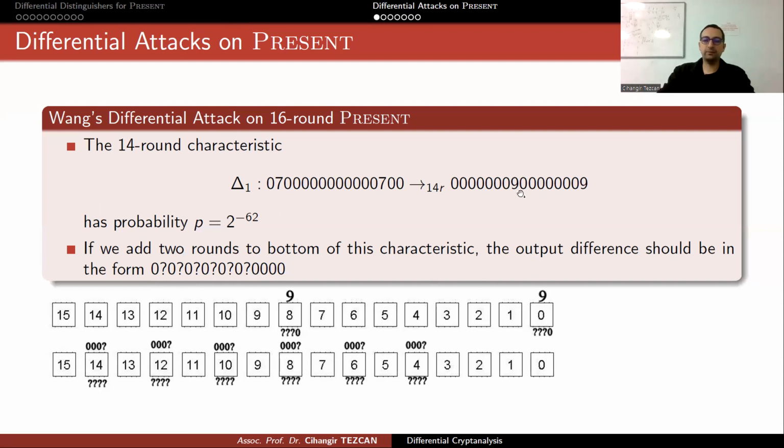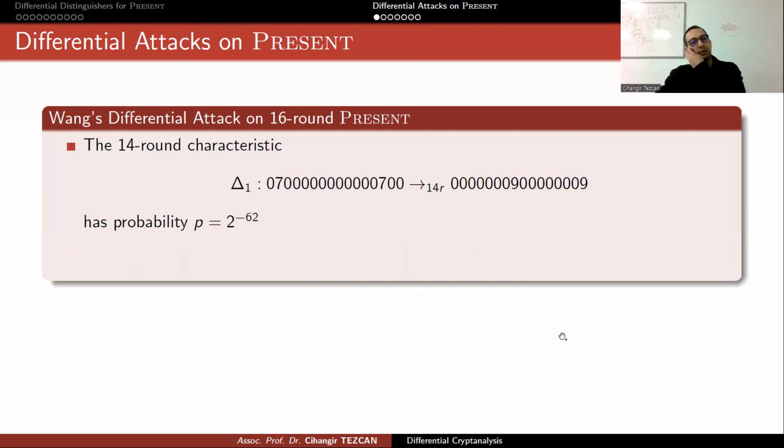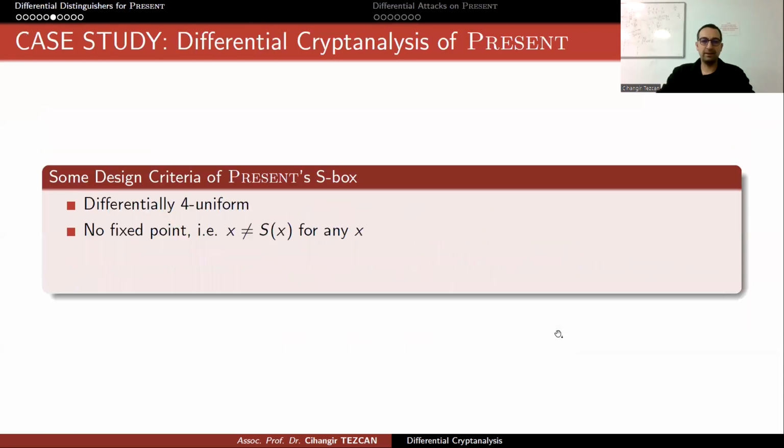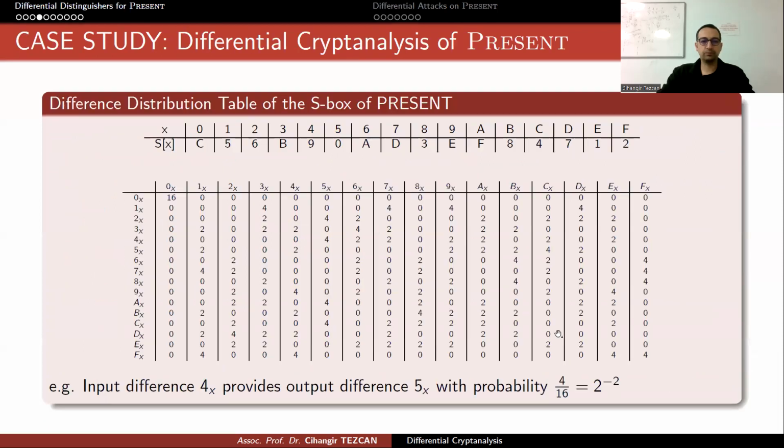So at the end, after 14 rounds, we say that the output differences on these S boxes are 9. Recall that these are not inputs, they are differences. By looking at the DDT table, we observe that if the input difference is 9, the output difference can be anything, but it doesn't have a difference at the least significant bit. Let's go back and see why this is the case from the DDT table.